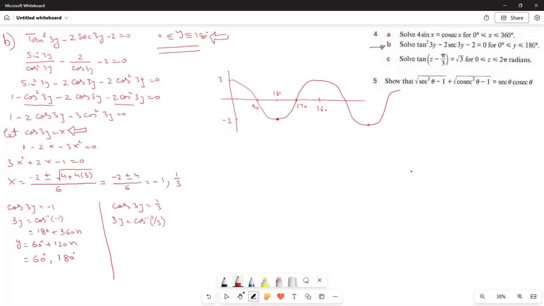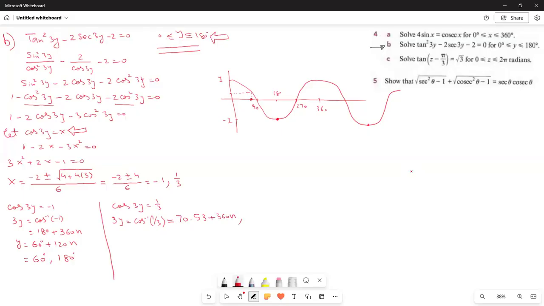Now this is a bit tricky. I do not have a precise answer for this one. I had to use a calculator for cos inverse of 1 by 3, and when I did cos inverse 1 by 3, I got this answer: 70.53. So basically it is somewhere here, and this angle is 70.53 degrees. And of course, I have to add plus 360n.